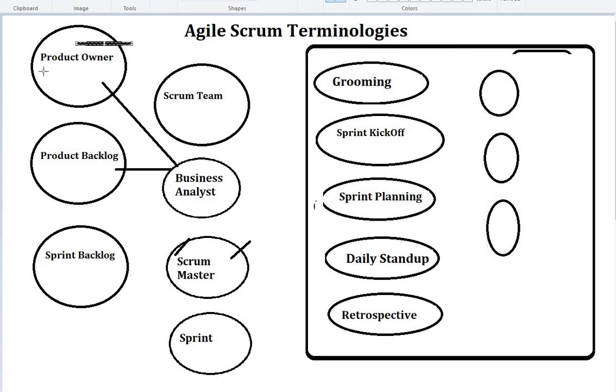Each requirement is defined in more detail, just like the requirement analysis you would do with waterfall methodologies. Those types of discussions happen in grooming.